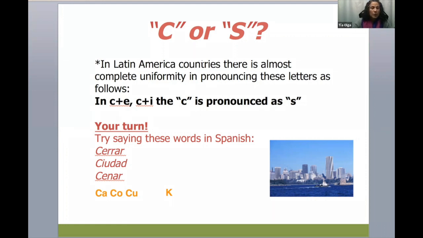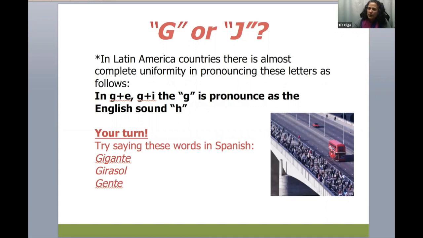Now we're going to move on to the letter G or J. In this case, it's very similar. We pronounce G-E, G-I differently, like the H in English. Remember, in Spanish, the H is mute, it's silence.